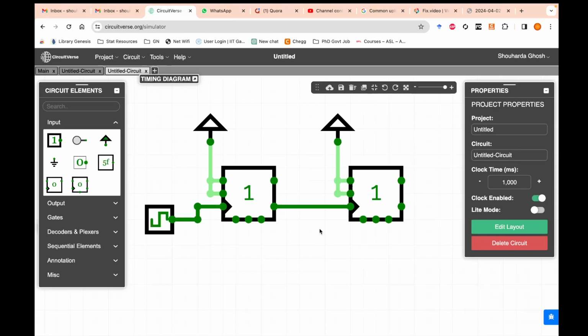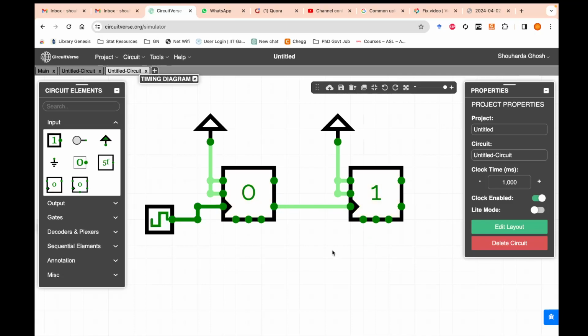This is called an asynchronous counter or an asynchronous system. Why asynchronous? Because these flip-flops are not in sync. They are actually being driven by different clocks. In fact, the same clock is not driving both the flip-flops. Synchronous counters are those where a single clock drives all the flip-flops, whereas in an asynchronous counter all the flip-flops are not driven by the same clock.